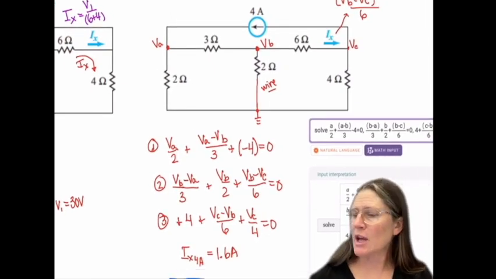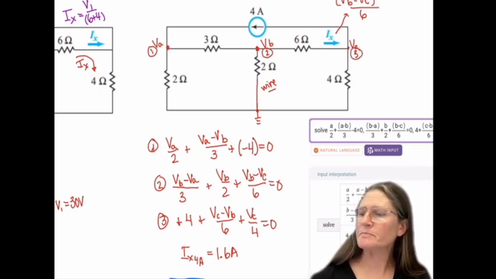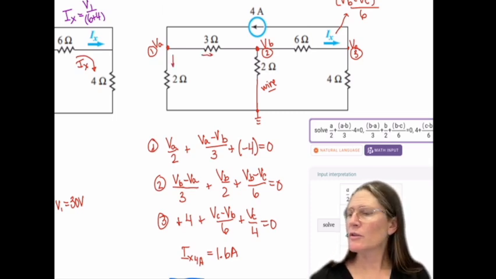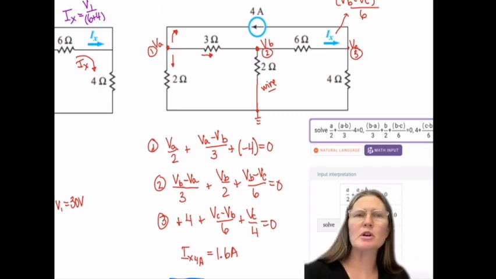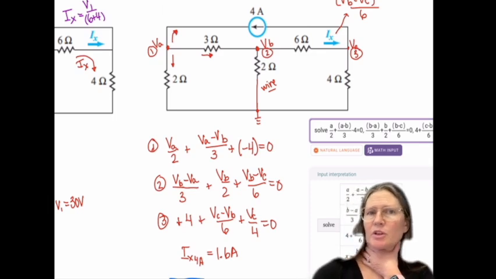So out of VA, so this is my equation 1, this will be my equation 3, and this is my equation 4. I have VA minus 0 over 2, VA minus VB over 3, and then coming in is A minus 4, or I can set that equal to 4. So that's my equation 1.